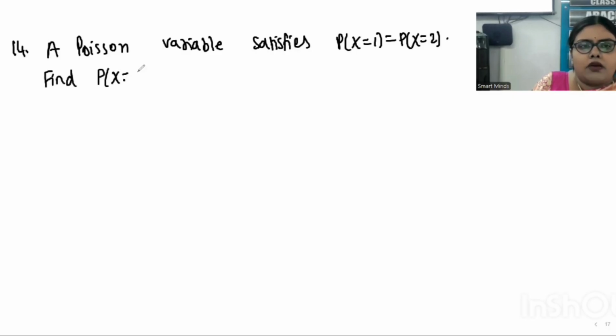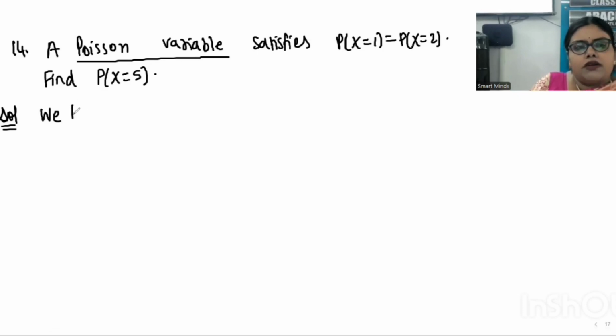Find P of x equals to 5. Now, whenever Poisson variable is given, we need to use Poisson variable formula. So, what is the formula for Poisson distribution? P of x equals to r is equal to e power minus lambda, lambda power r by r factorial.